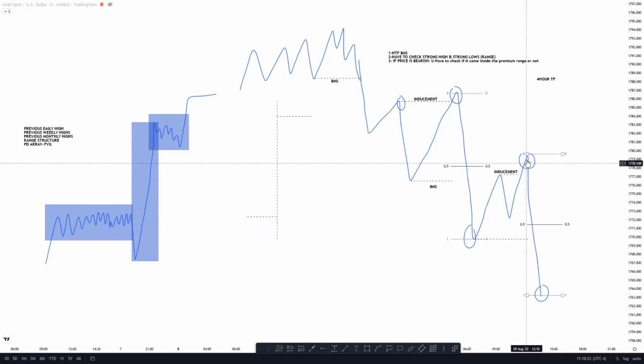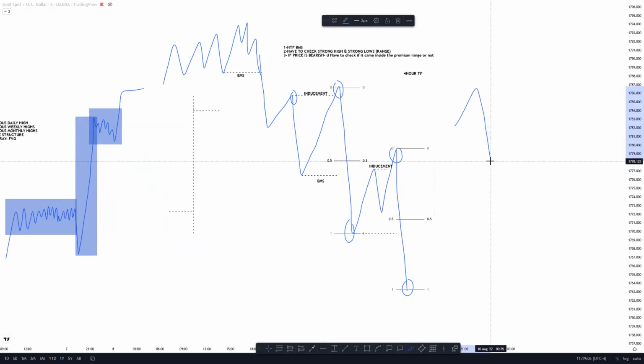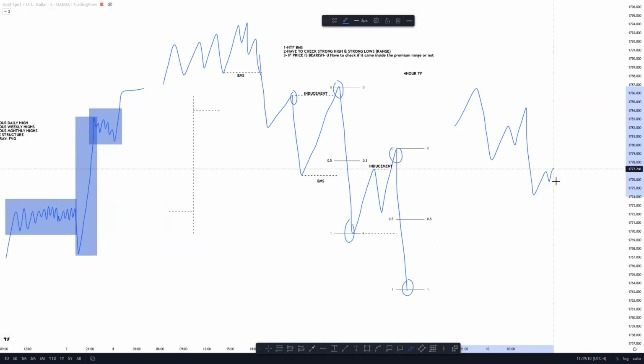Okay, so just for instance, if this high would have made just below this 50% low, let me explain properly, making higher high, lower low, taking out this one. Okay, taking out this one.